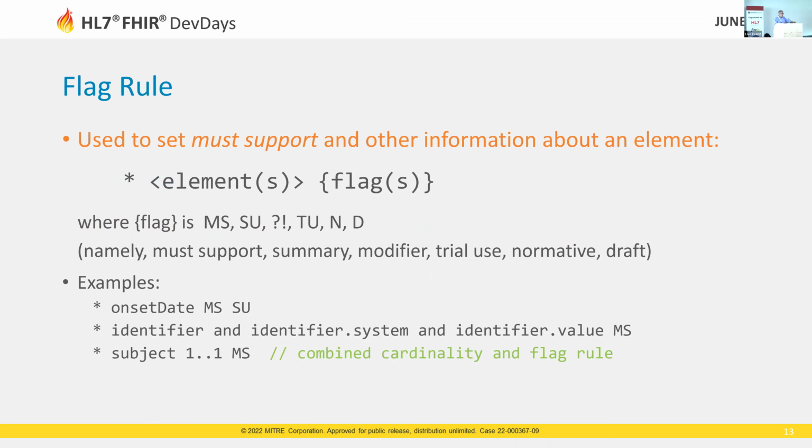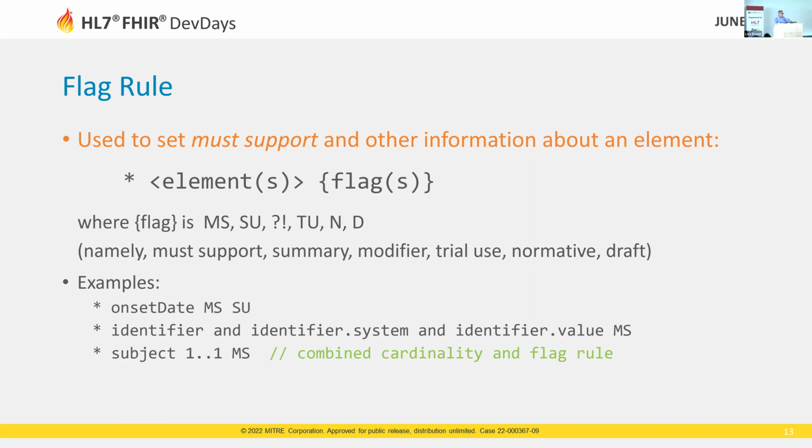The second kind of rule is flag rules, and these are rules which set some information about an element. So you can set must support, or include in summary, or modifier element, trial use, normative, draft. These are flags which just give you more information about a data element. Some examples: you could take onset date and make it must support and include it in summaries.